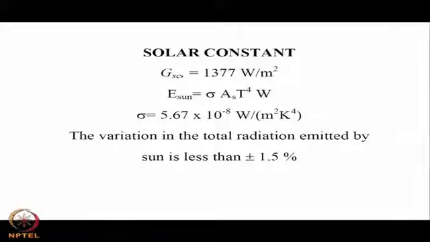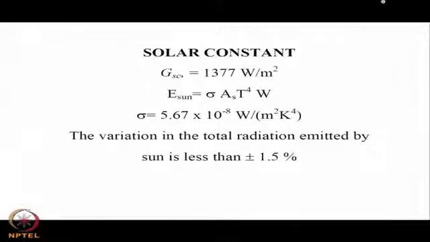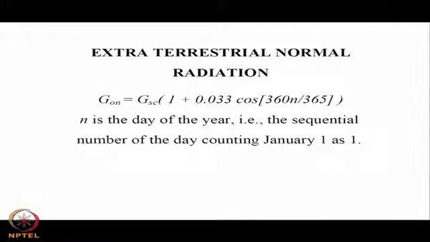The variation in the total radiation emitted by the sun is less than plus minus 1.5%. These are because of the local disturbances like sun flares etc., but that is often neglected considering many of the uncertainties that we have in measurement techniques themselves, because no instrument is 100%.